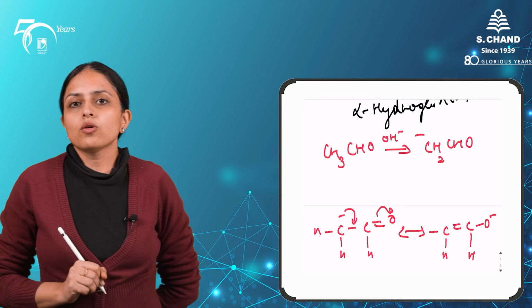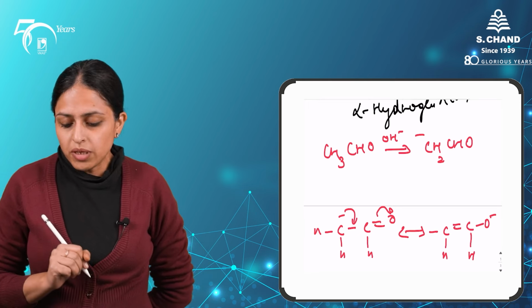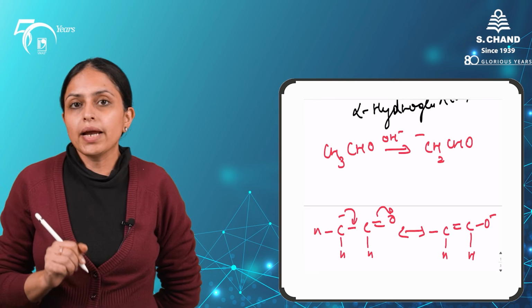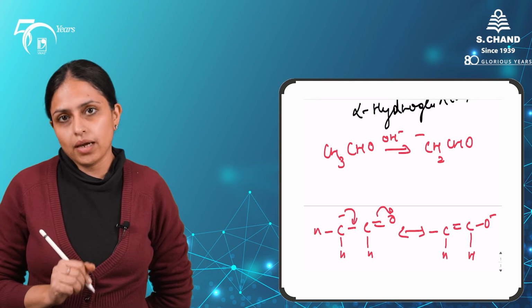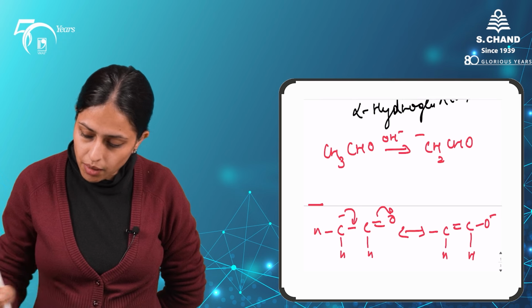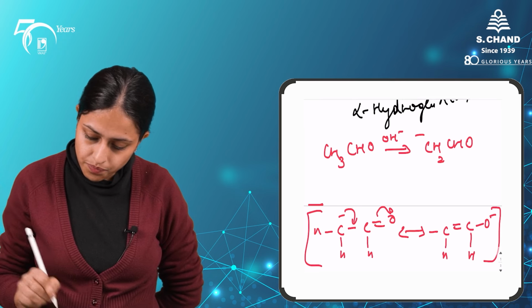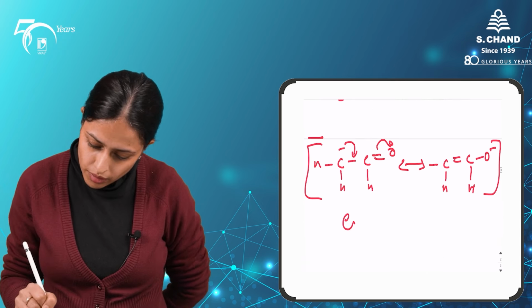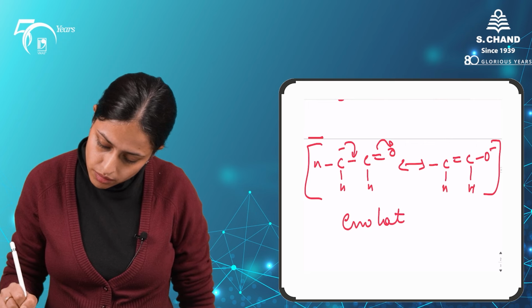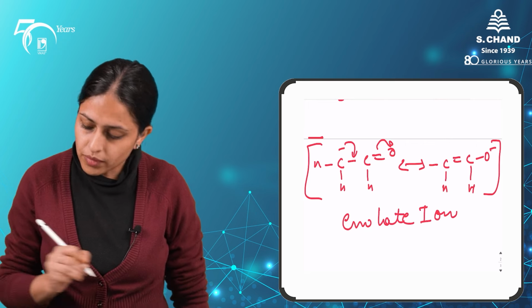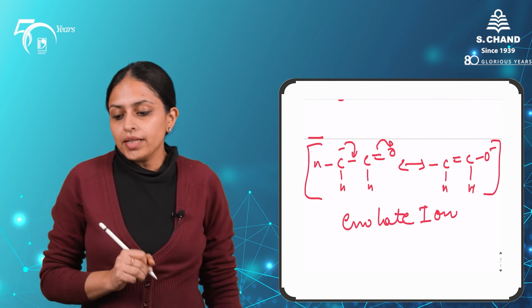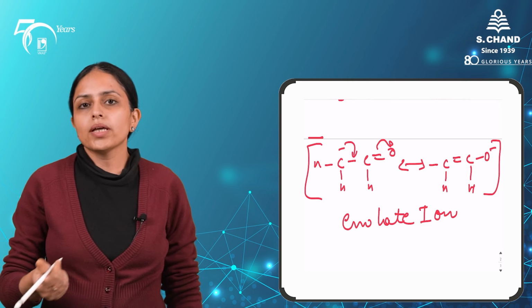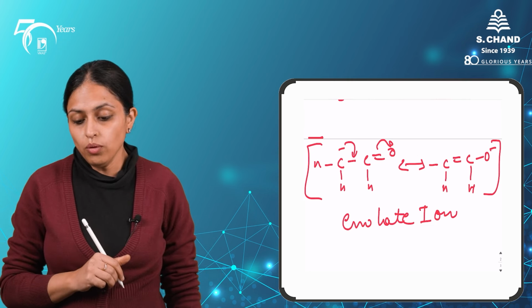And once this alpha hydrogen atom has been abstracted, we get a stabilized carbanion. This stabilized carbanion we call enolate ion. Enolate ion is resonance stabilized, as you can see in the structures over here below.